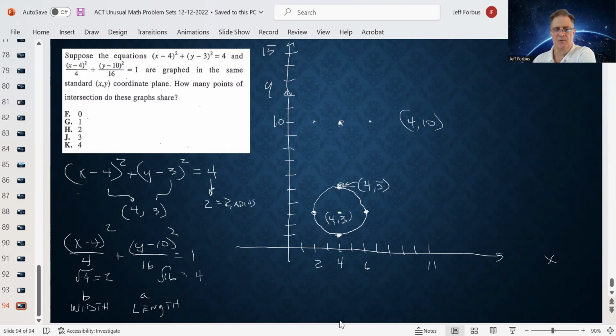So what we want to do is go from 10, add 4 to 10, and we go up to 14. So 11, 12, 13, 14. So right there. 11, 12, 13, 14, 15. Okay. So this is going to be (4, 14).